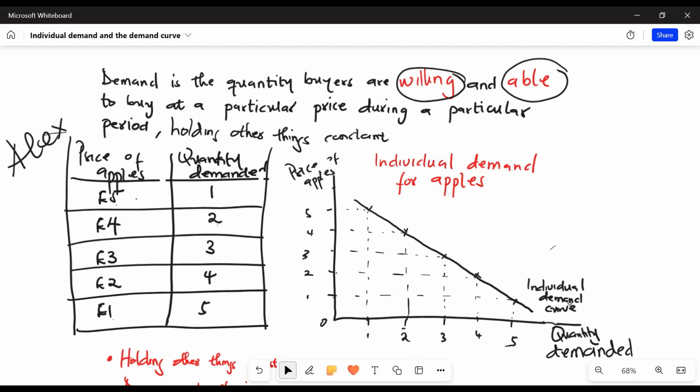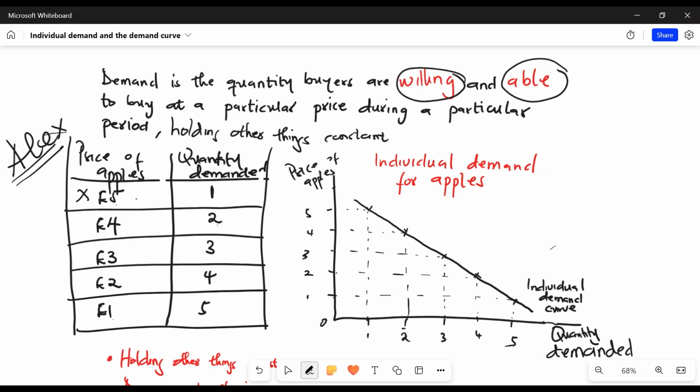In drawing the demand curve, we need to know the prices and the quantity demanded at those prices. Let's take a random example and say this is the quantity demand for Alex. When the price of apples is 5, Alex's quantity demand is 1.